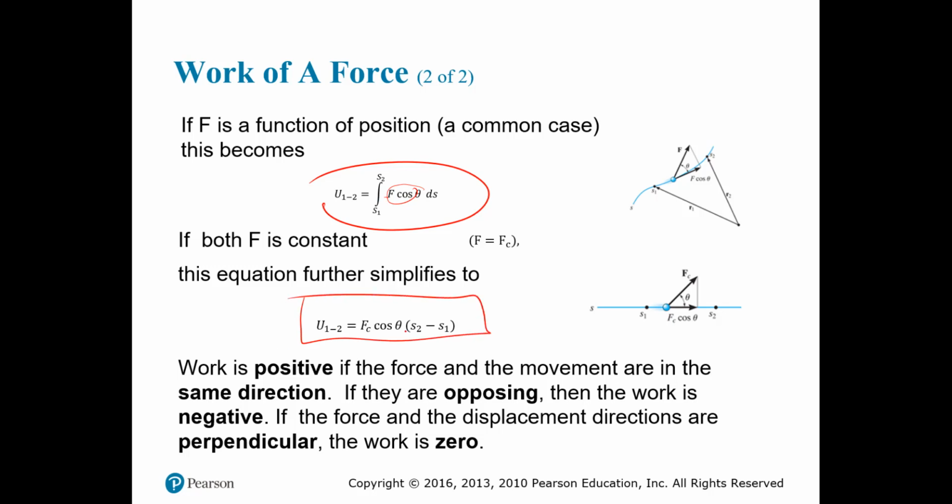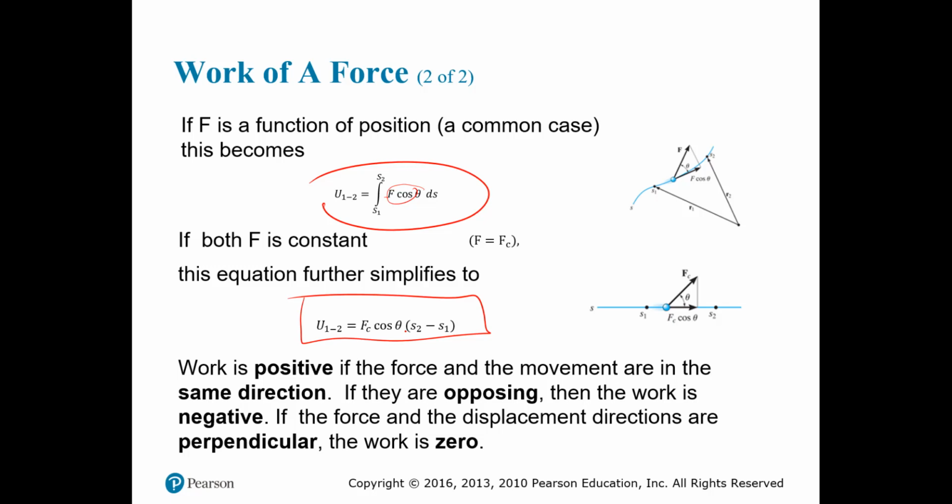Work is positive if the force and the movement are in the same direction, all right? Remember that. If the force is causing the particle to move in the same direction, then your work will be positive. But if the opposite happens, they're opposed, then the work will be negative. If the force and the displacement directions are perpendicular, then the work is zero, okay?